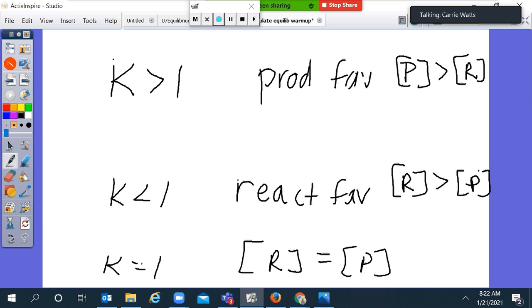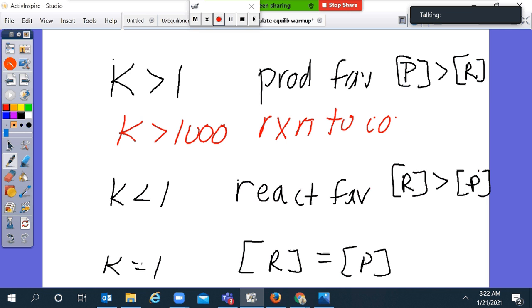But I want to put out a number so that you can judge whether a reaction would be in equilibrium at all. If your K value is extremely large, by which I mean greater than 1,000, that pretty much tells you the reaction is going to completion, meaning it's not really equilibrium.